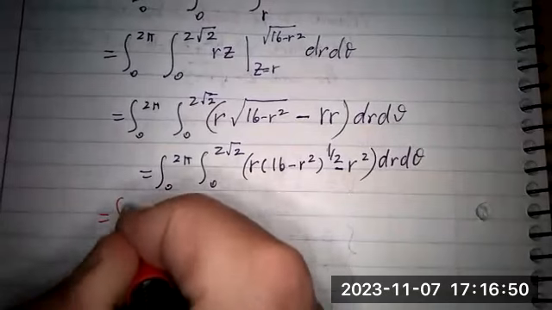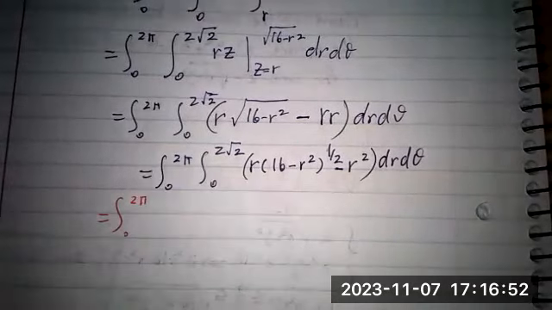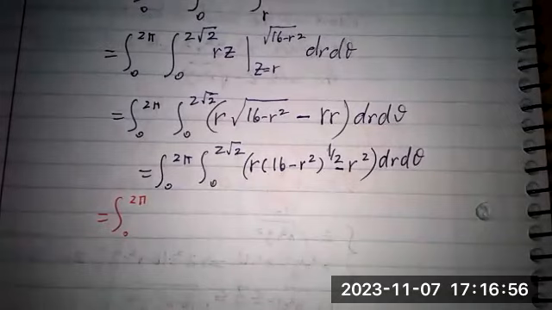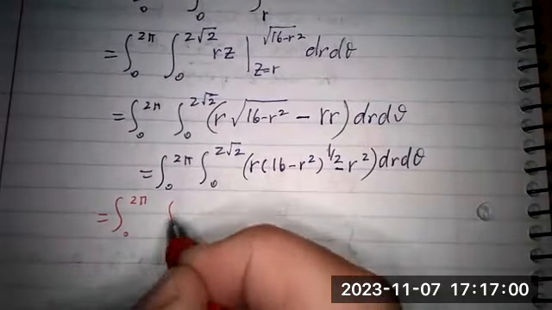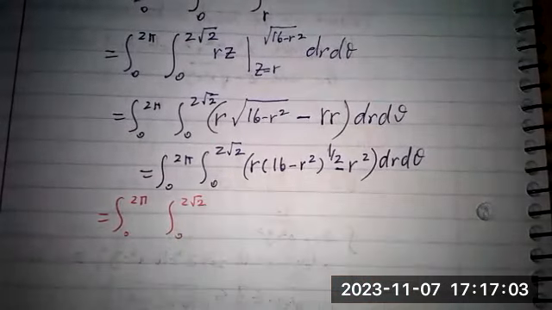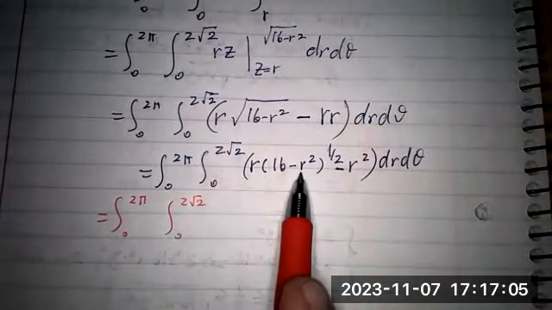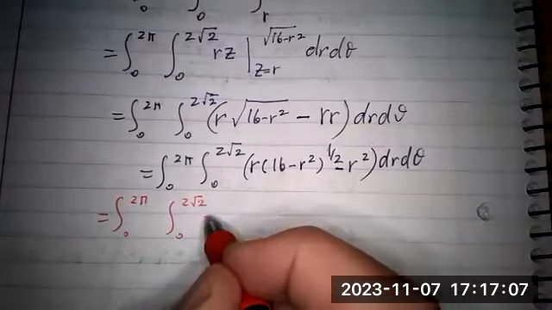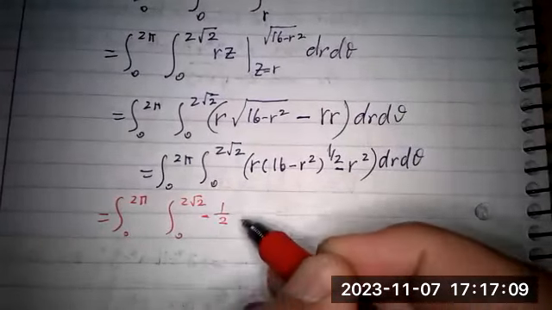So it's going to be 0 to 2 pi, 0 to 2 radical 2. I need a negative 2 here for the substitution, so I rewrite this one with a negative half.